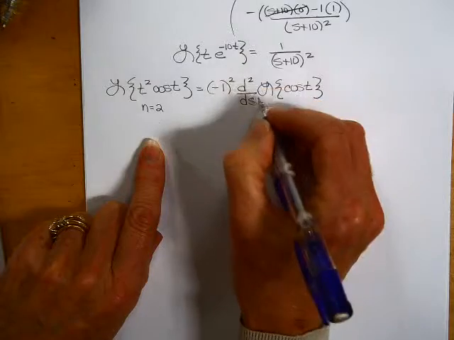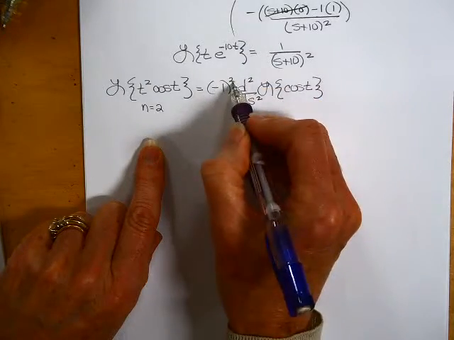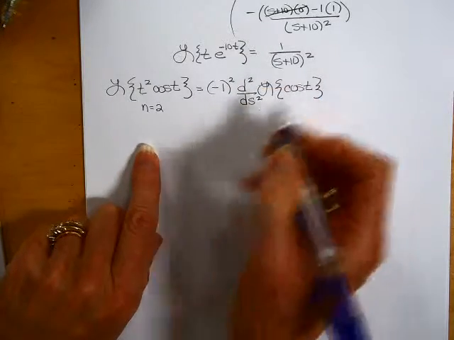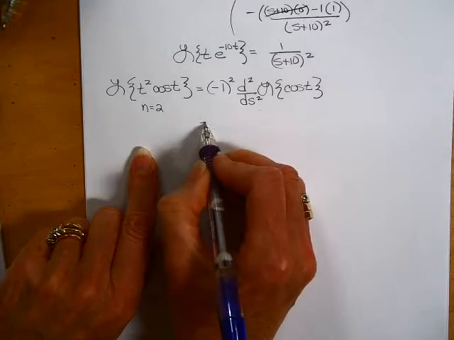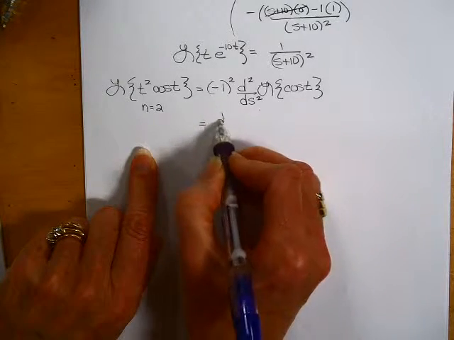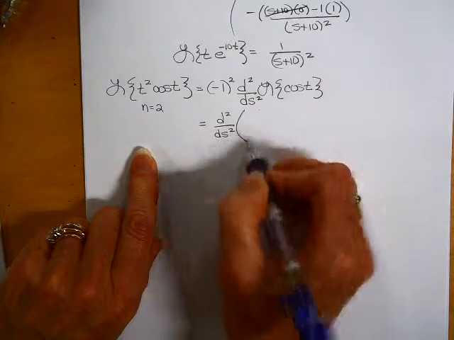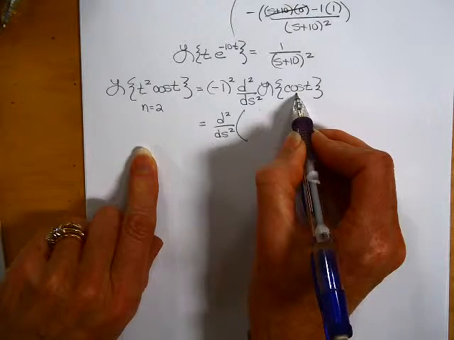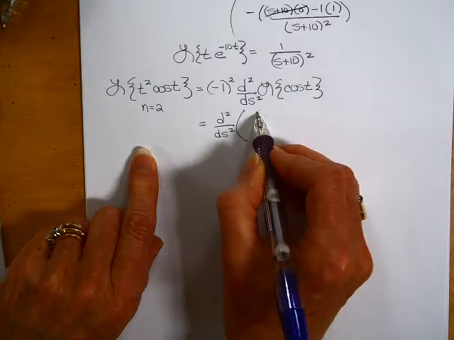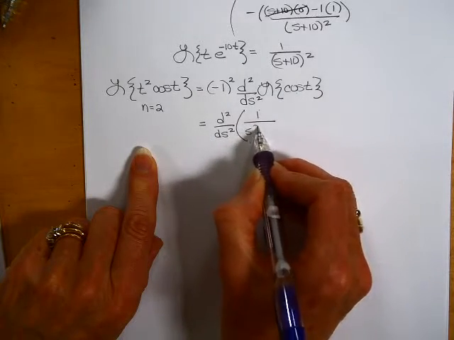But it's the second derivative, because n is 2. So negative 1 squared is positive 1. So I'm going to need the second derivative of whatever the transform of cosine is.